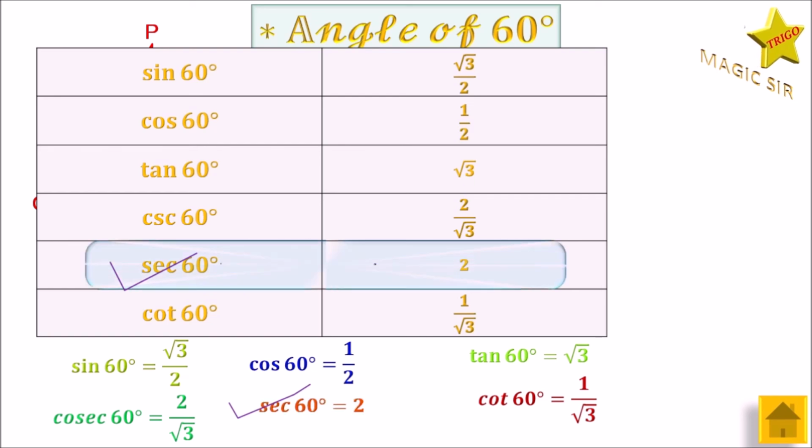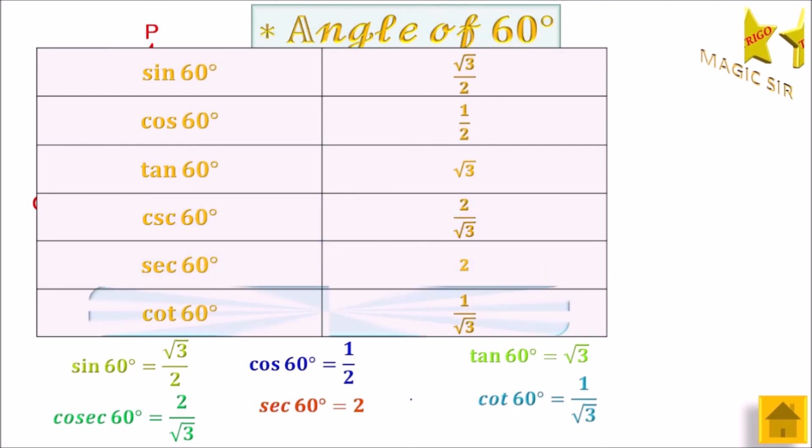See the animation in the fifth row of the table. And last, cot 60 degree is equal to 1 upon root 3. See the animation in the last row of the table. Please try to remember all these values of 60 degree.